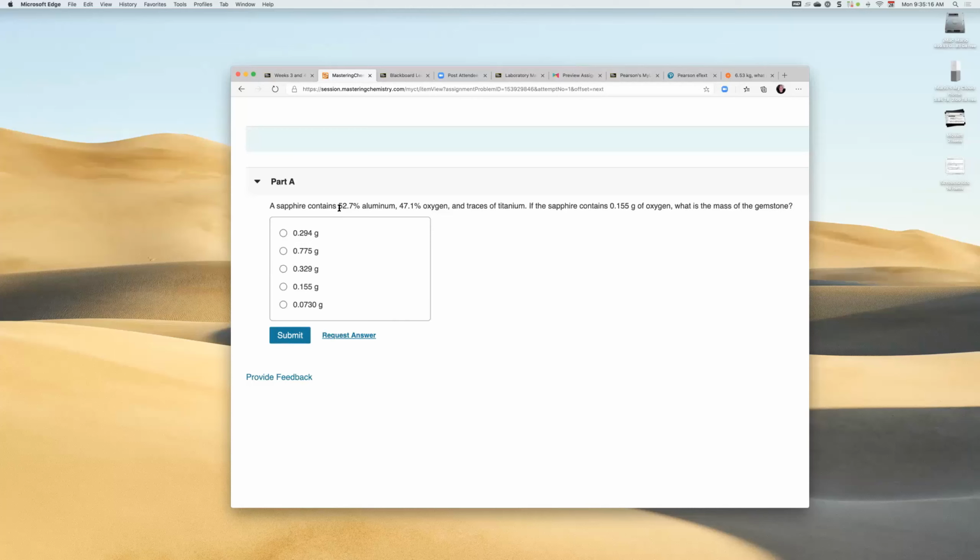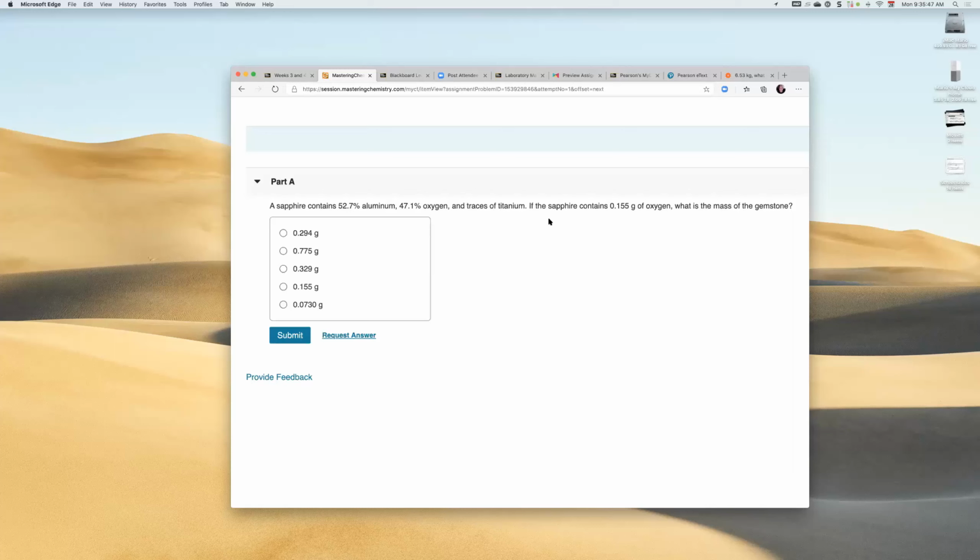Now, if you add 52.7% to 47.1, you get 99.8. Exactly, Roselma. You don't get 100, you get 99.8. So the traces in this case are about 0.2%. It doesn't matter too much, except that you want to know that traces are a small number.